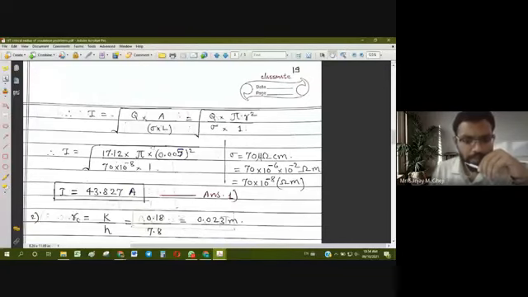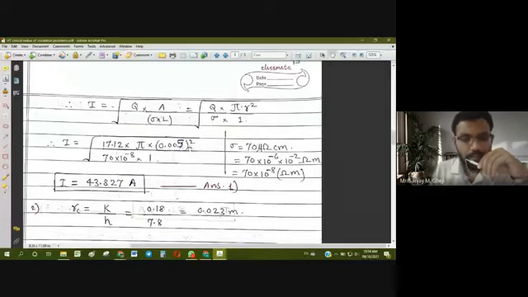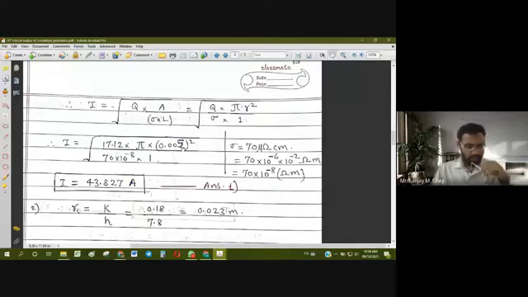Then let us put in all the values. The rate of heat transfer we just found is 17.12 watt, pi as it is, and the radius. This radius should be the radius of only the conducting wire, the electrical cable, and you should not consider the insulation thickness, because current flows only through the conductor.